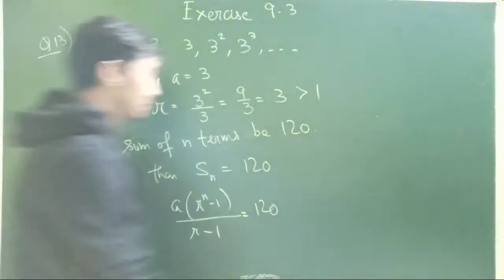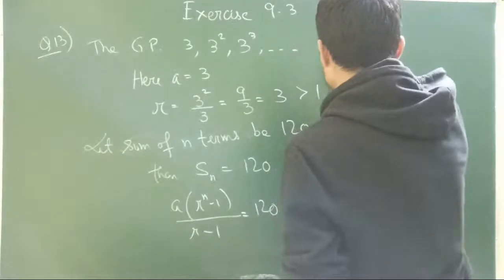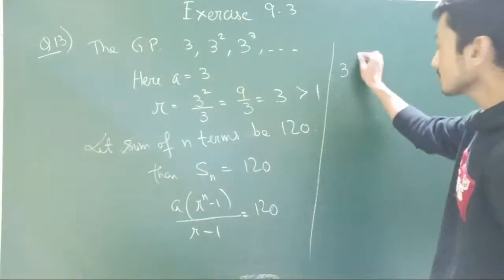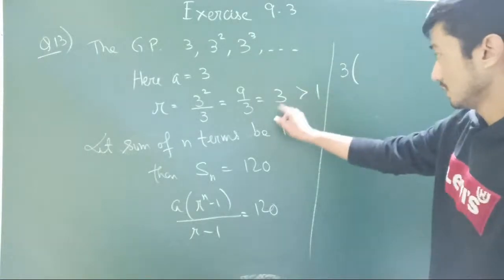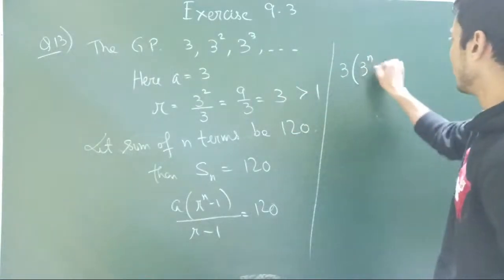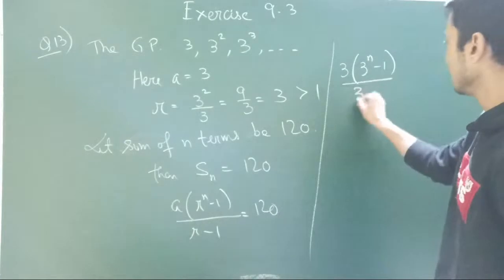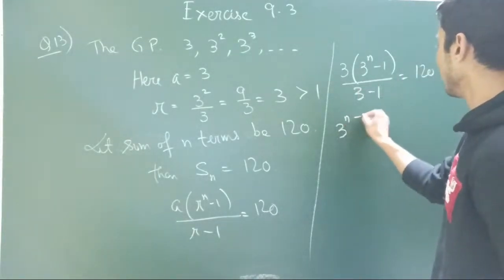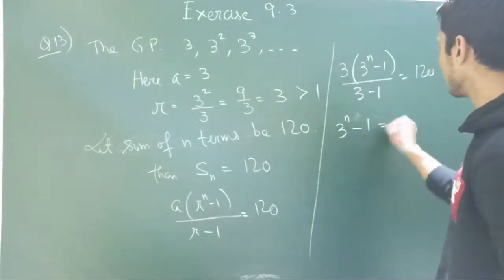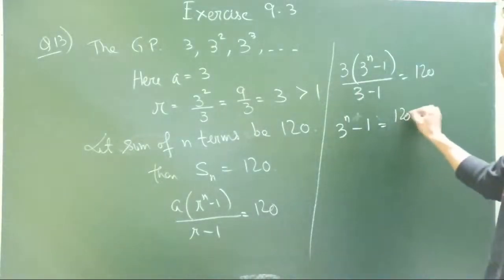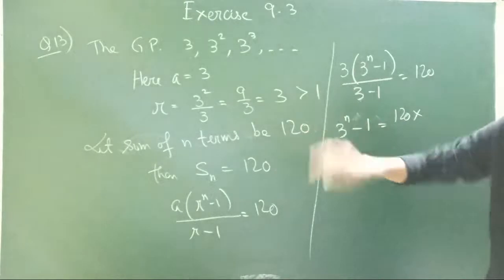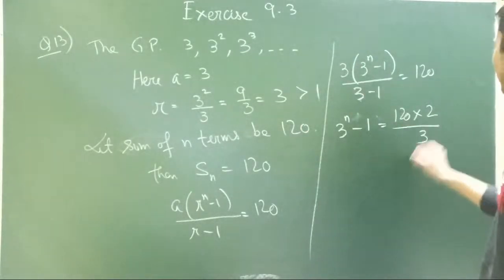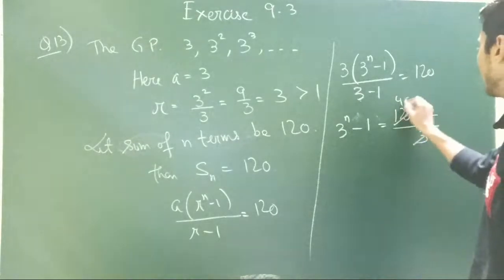Chalo, let us do. So a value is 3, r is 3. 3 into 3 power n minus 1 divided by 3 minus 1 is equal to 120. So 3 power n minus 1, I'll just directly cross multiply, that is 120 into 3 minus 1 is 2, divided by 3. So that gives 240 by 3, 80.